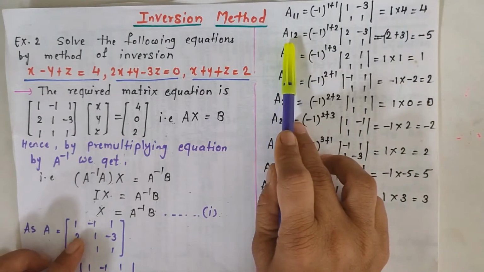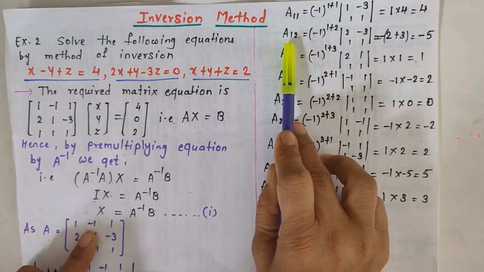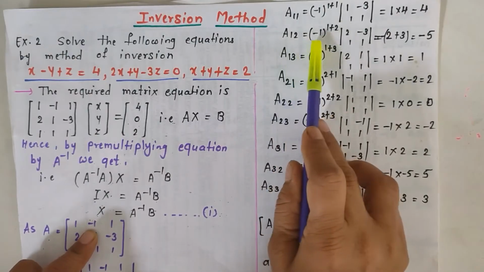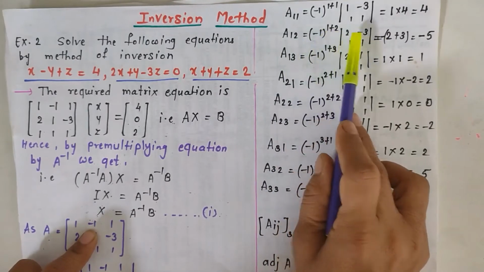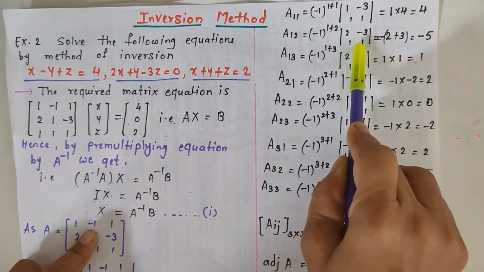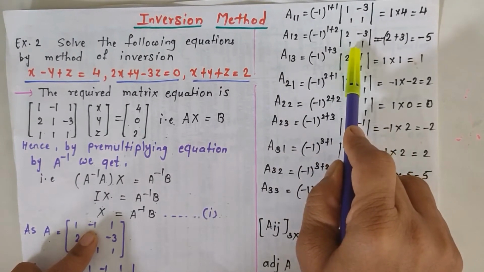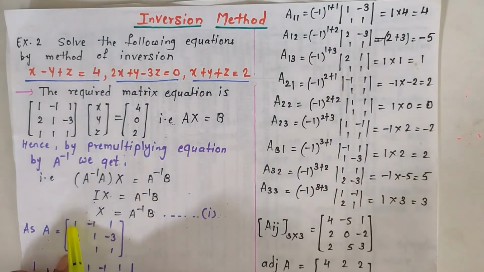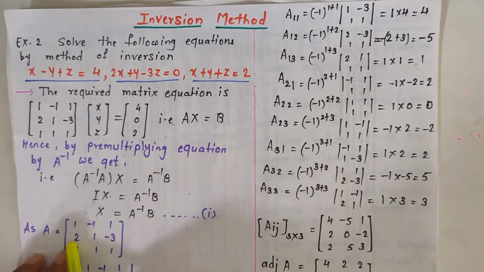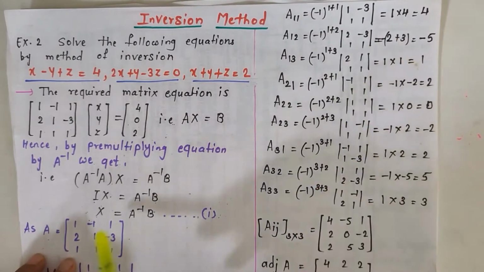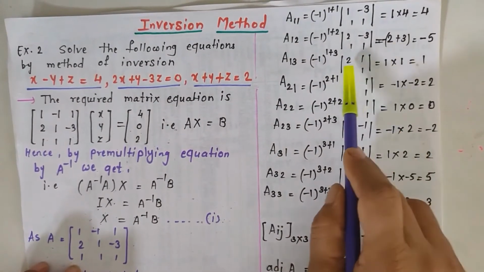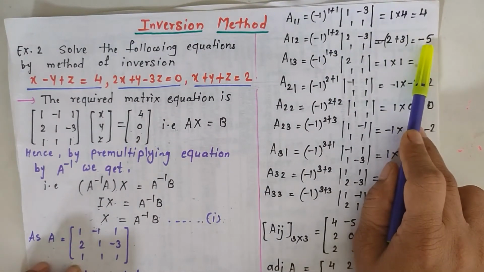Now the cofactor of the second element minus 1 is A12 is equal to minus 1 raised to 1 plus 2 into its minor, the value of its determinant by eliminating the first row and second column, then the determinant |2 minus 3; 1 1|. By calculating this we get minus 5.